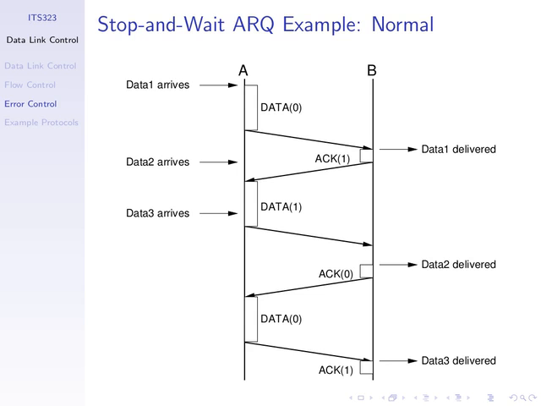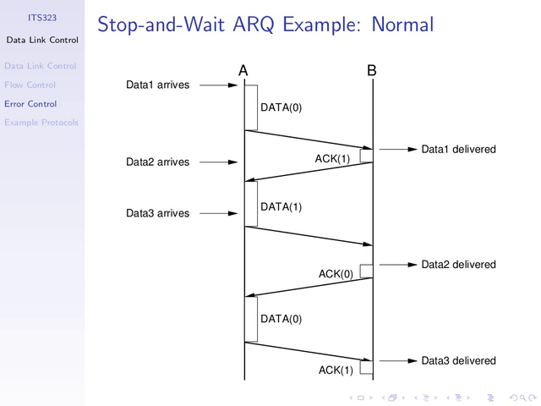A, after finishing transmitting the data frame, started a timer. Although it's not shown in this diagram, it starts a timer waiting for an ACK, eventually receives the ACK before the timer reaches its limit, and when it receives the ACK, it's allowed to send the next piece of data. And we use the next sequence number. Sequence number 0 and then sequence number 1. Transmit the data.